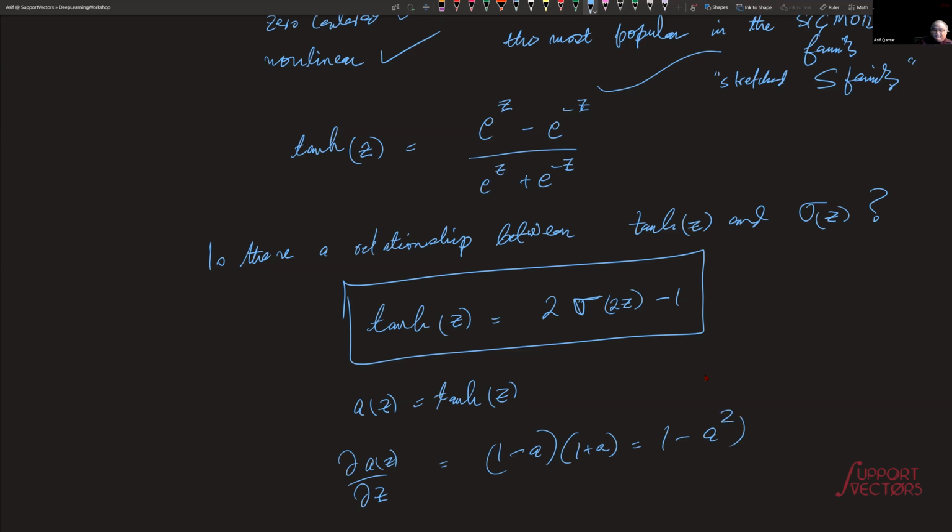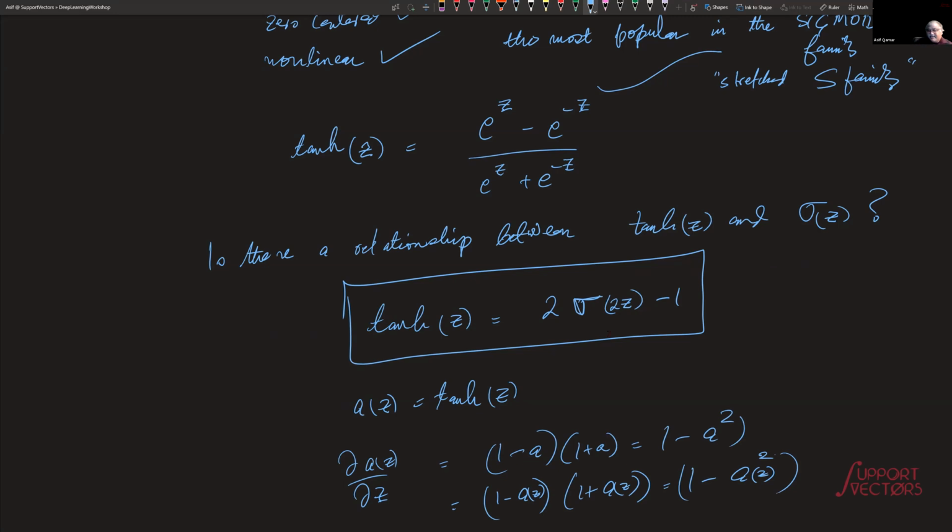Right? And by A, of course, let me be more formal. (1 minus A(Z))(1 plus A(Z)), and that is the same as 1 minus A(Z) squared. Are we together? So here we have a result.